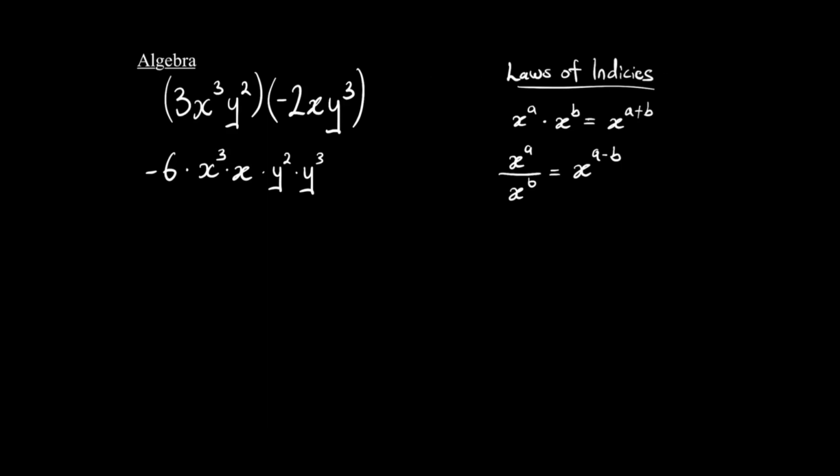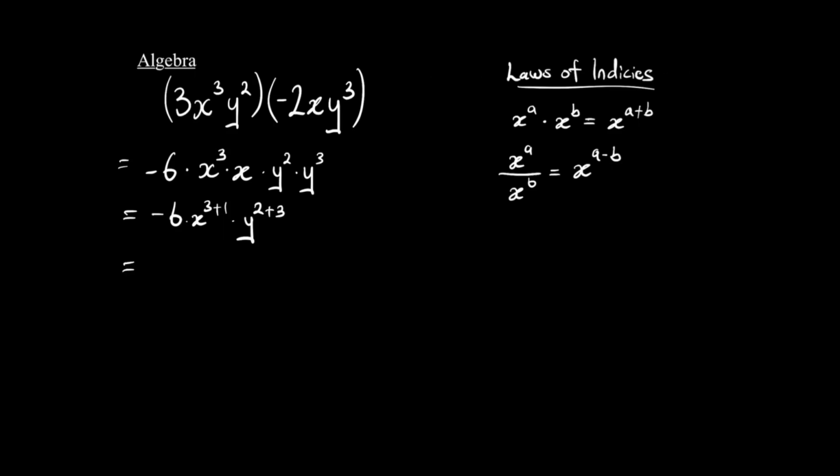Now we can rely on the laws of indices here to continue the problem. And so we could say negative 6 x to the 3 plus 1 is just multiplied by y to the 2 plus 3.